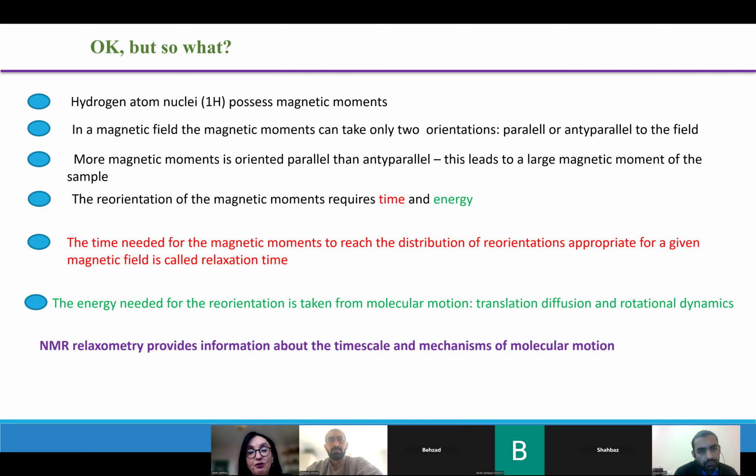They perform something called Brownian motion, another very fundamental element of science. And they constantly move in all possible directions.